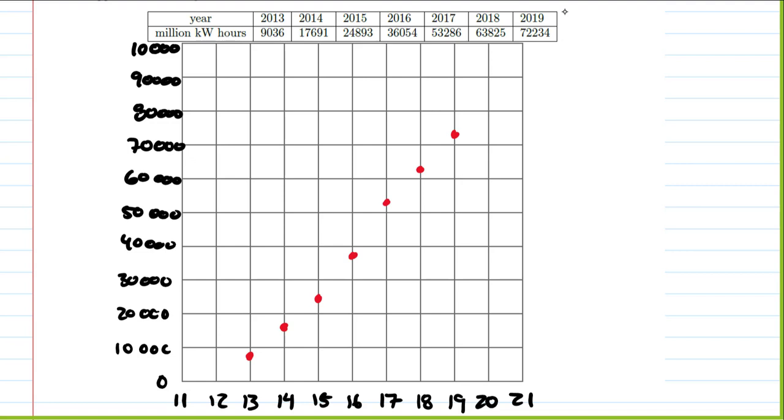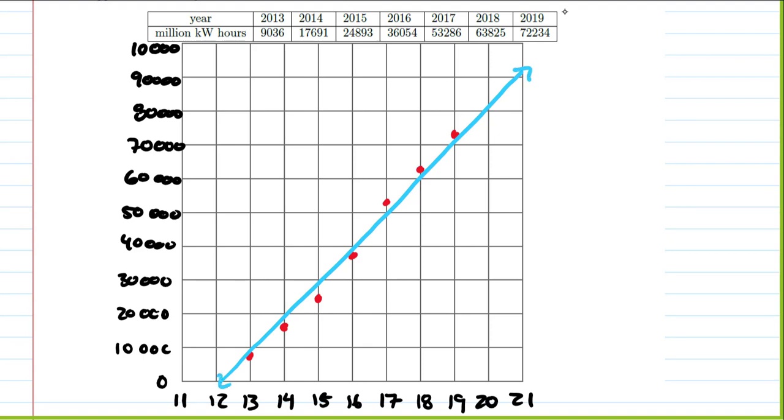So when we look at that data, indeed it appears to be pretty linear, right? In fact, I could draw a line that looked something like this, right?